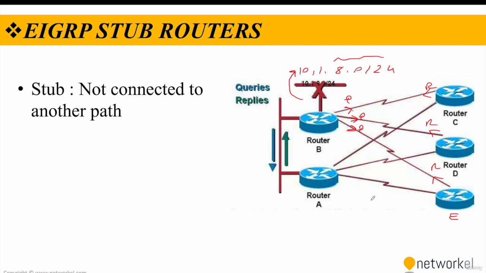So what I would do is configure router C, router D, and router E as stub routers, which means if this network goes down, router B will not send any query packets to routers C, D, and E. It will not even ask if they have any connectivity to this network, which doesn't make sense really.